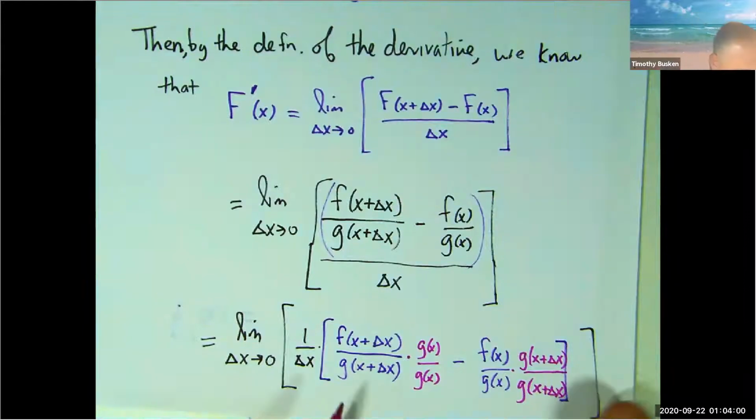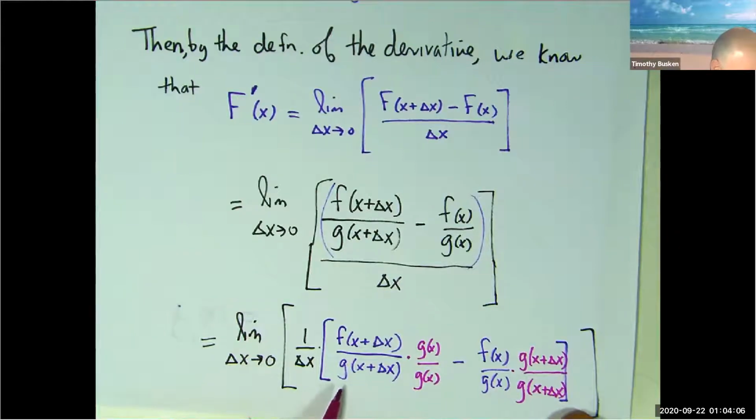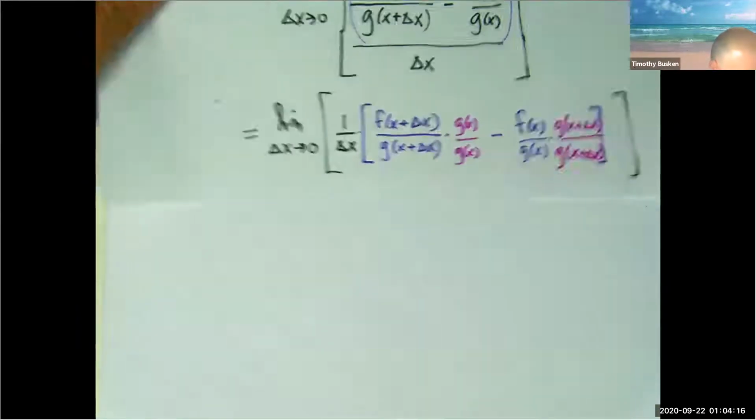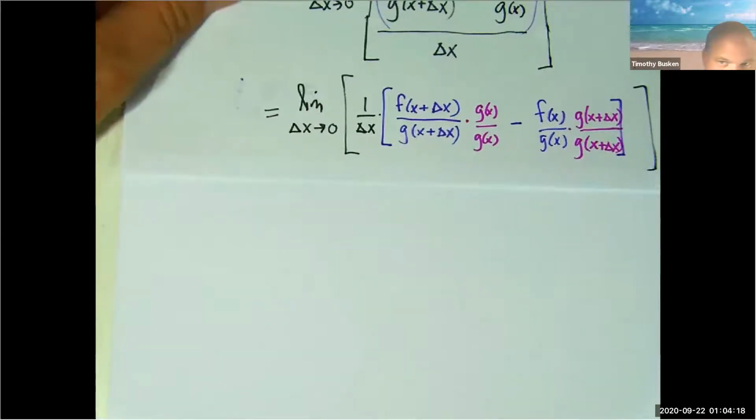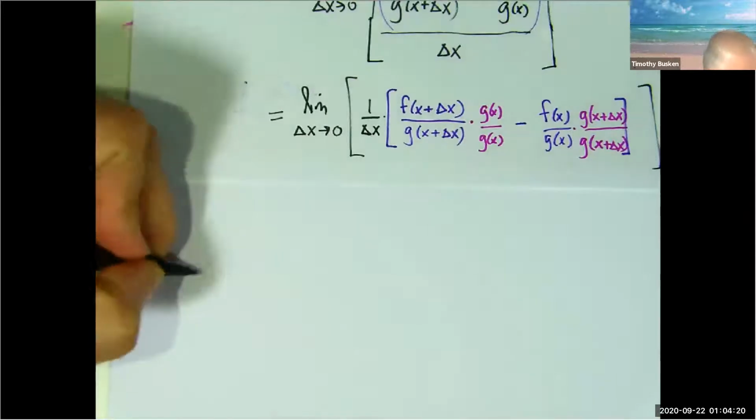So on the next step, what's inside the purple brackets, I'm going to write as a single fraction, and the denominator is going to be g of x times g of x plus delta x. The 1 over delta x will be on the outside of that bracket, just to get it out of the way for a second while I try to subtract these fractions.